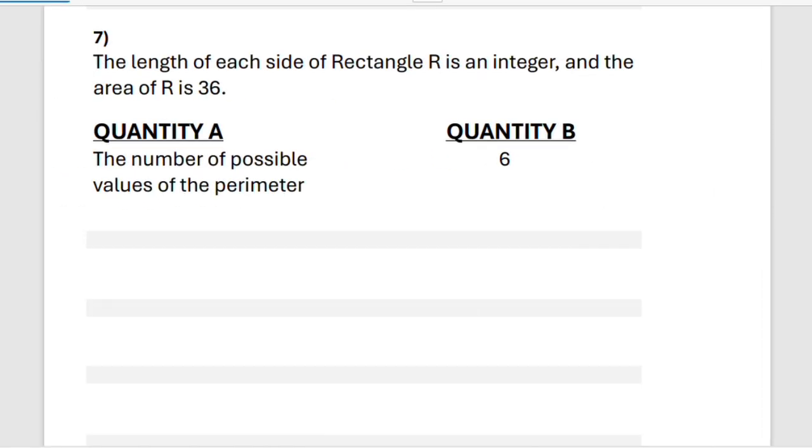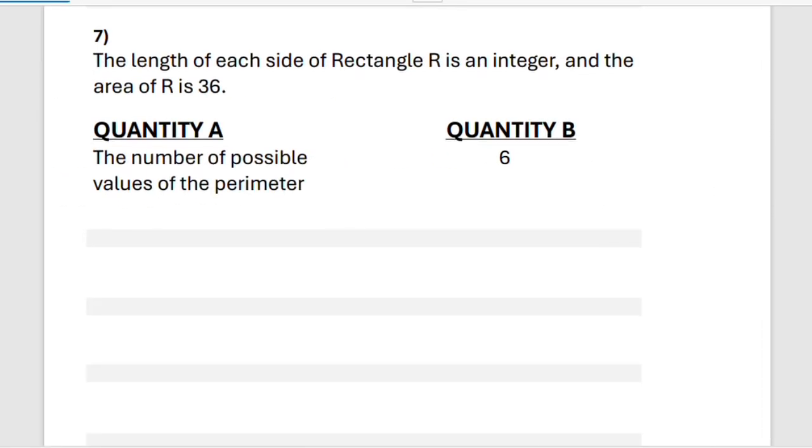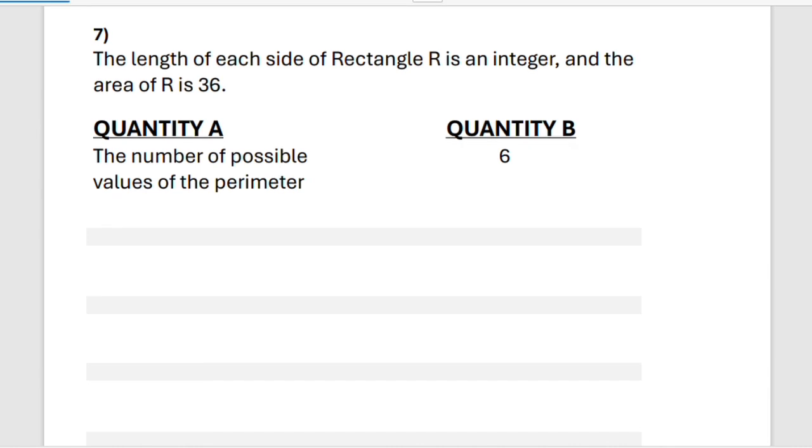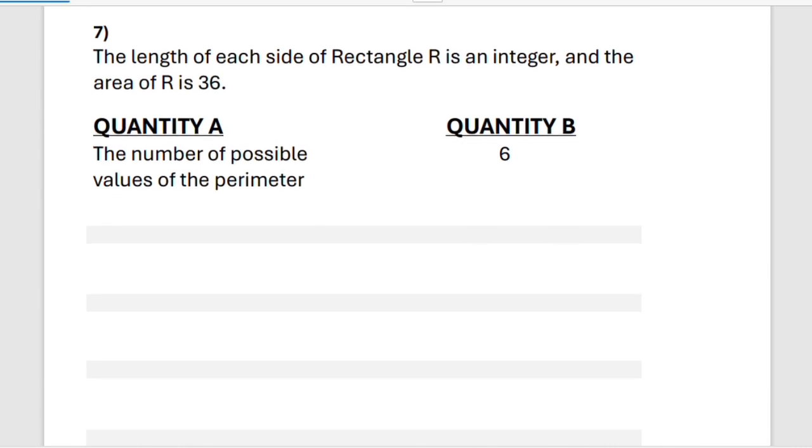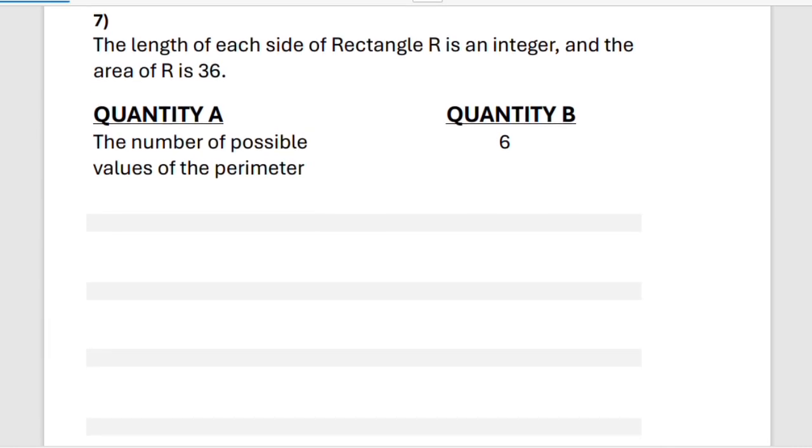For this particular problem, the length of each side of a rectangle R is an integer, and the area of R is 36. Quantity A is the number of possible values of the perimeter, and quantity B is 6. So we have a rectangle R with an area of 36.